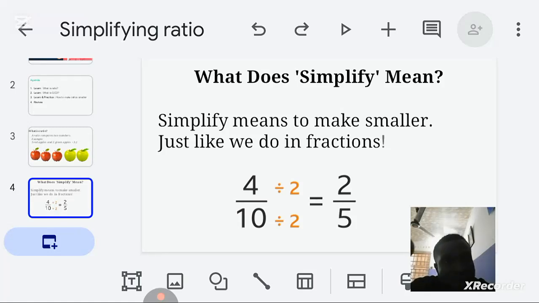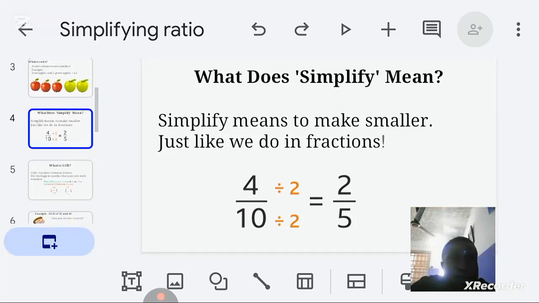We have 4/10, and 4/10 is equal to 2/5. It's just like we simplified the 4/10, and the result here is 2/5. That's what it means to simplify, to make something smaller. Okay, let's go to the next.